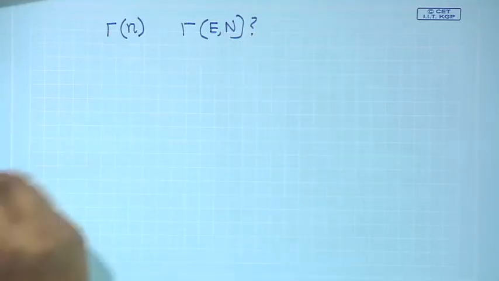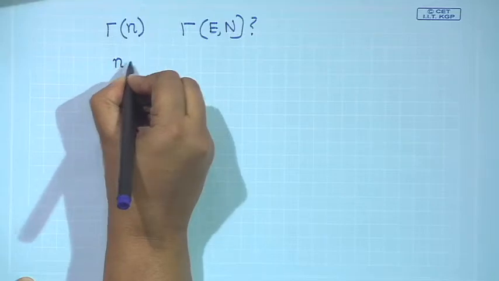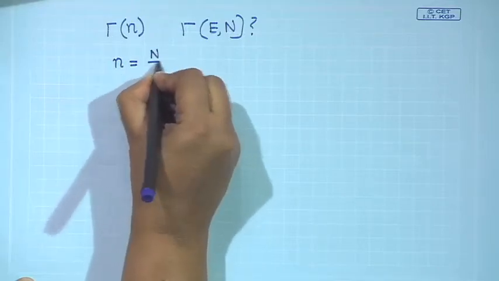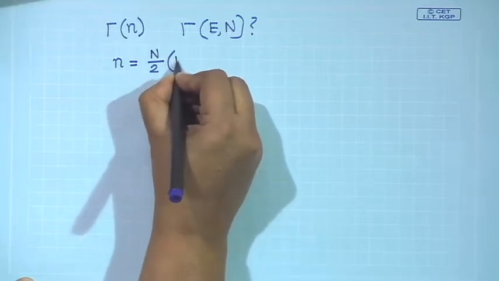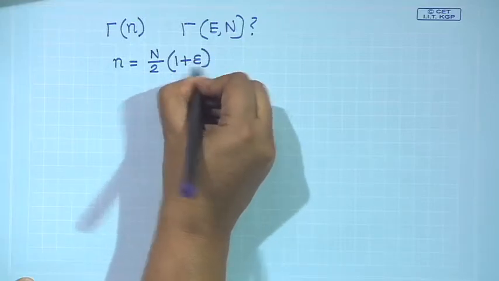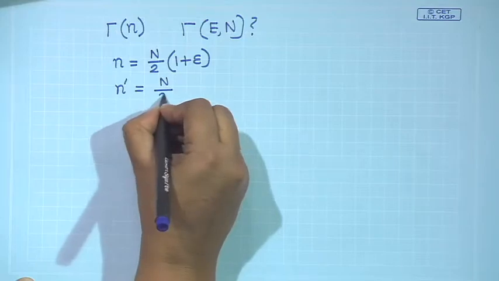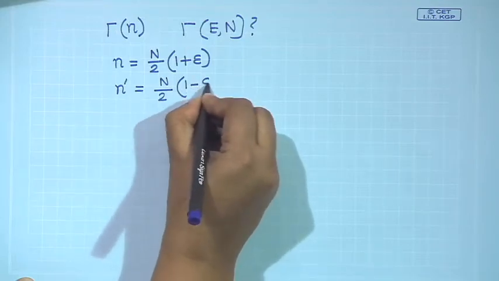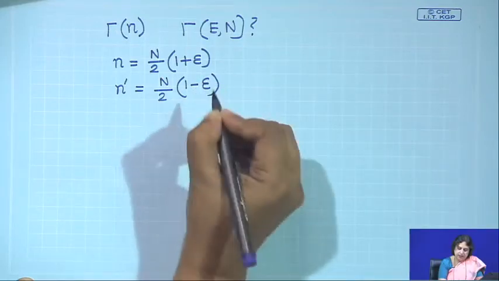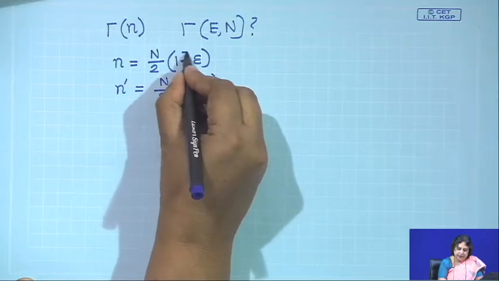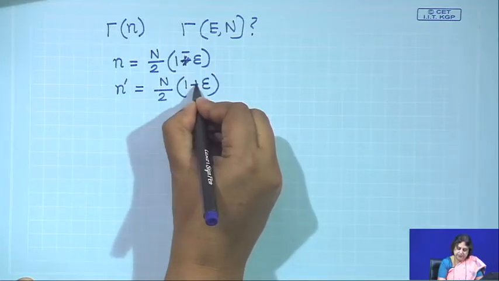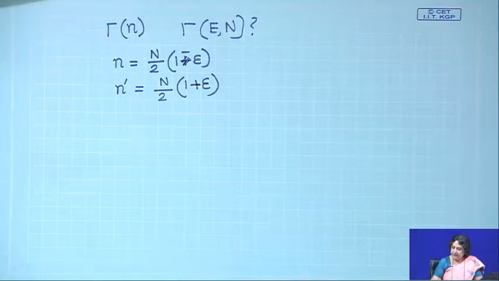Actually, in a previous class we have seen that under the given condition, small n is equal to capital N by 2 into 1 plus epsilon, and n prime is equal to capital N by 2 into 1 minus epsilon. So, what is epsilon?